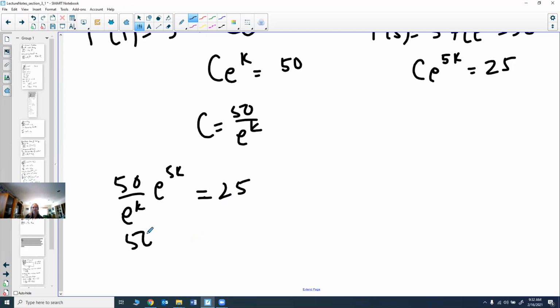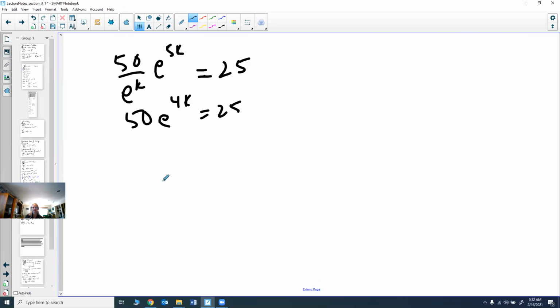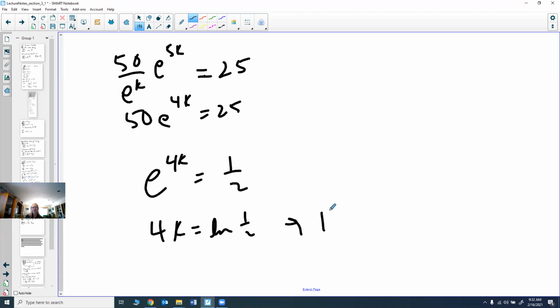So that means 50 e^(4k) equals 25. So e^(4k) is equal to 1/2. So 4k is equal to the natural log of 1/2. So that tells me that k is equal to the natural log of 1/2 divided by 4.